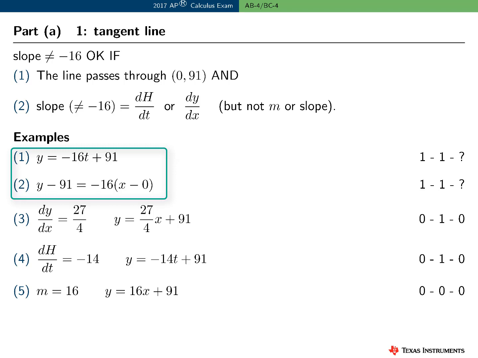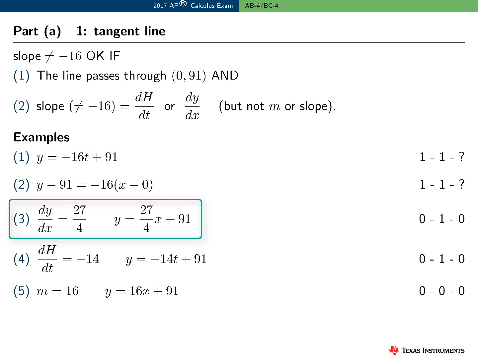Here are some specific examples. In the first two, each equation is correct, with the correct slope. So each earns the first 2 points. In example 3, the slope is incorrect, but it's labeled as dy/dx, and the line passes through the point (0, 91). So the student earns 0 for the first point but 1 for the second here, but they're not eligible for the third point.